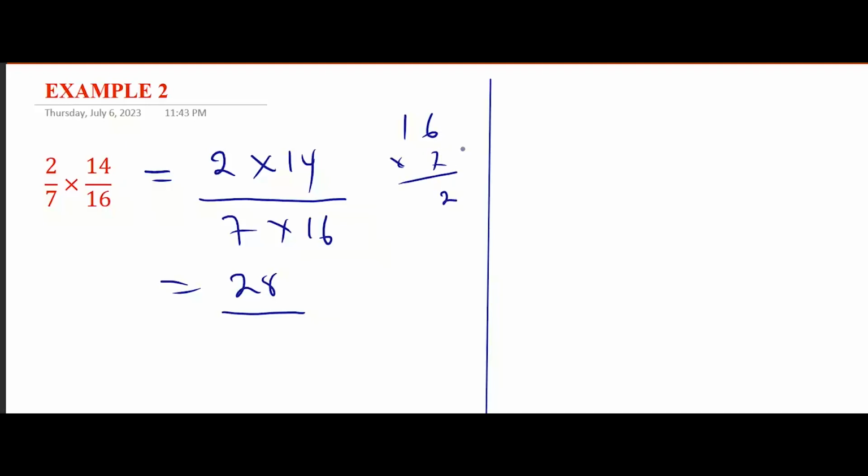You write 2, you keep 4. 7 times 1 is 7 plus the 4 you kept, that is 11. So you have 112. So if you look at it very well, 28 can go in the numerator and the denominator. So 28 goes in 28, that will be 1, and 28 goes in 112 4 times.